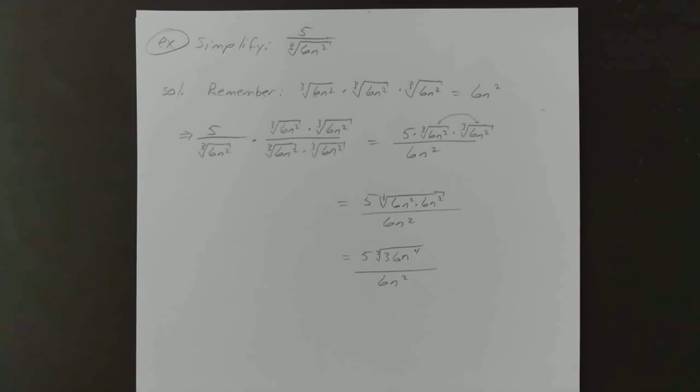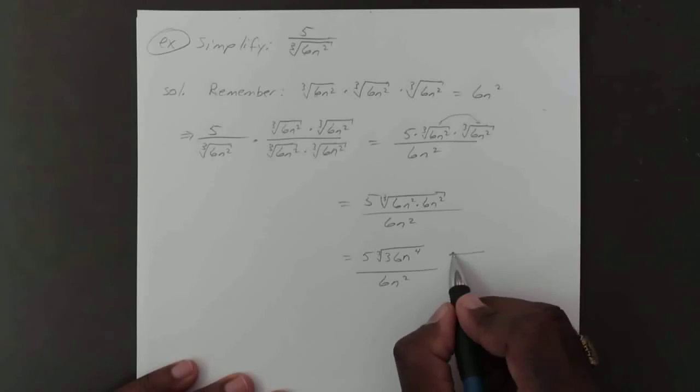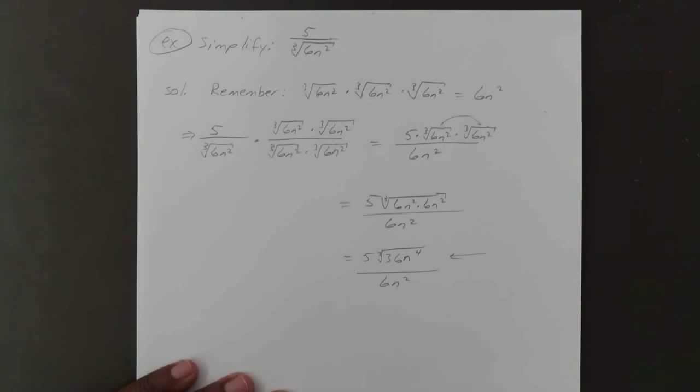Now that n to the 4th, remember that can just be n to the 3rd times n to the 1st. So we can actually simplify that.